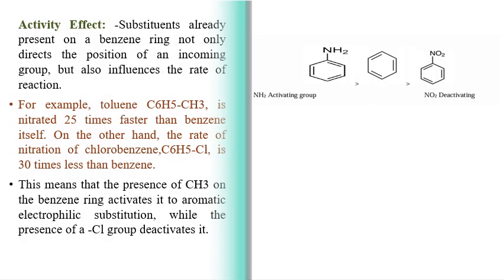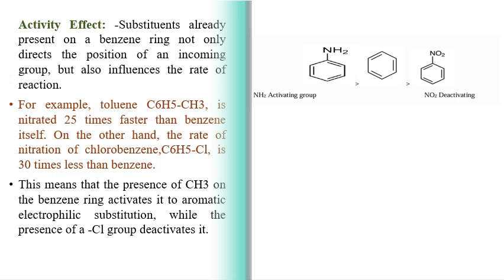Now we are going to see the activity effect. The activity effect means the substituent already present on the benzene ring not only directs the position of an incoming group but also influences the rate of reaction. For example, toluene is nitrated 25 times faster than benzene itself.